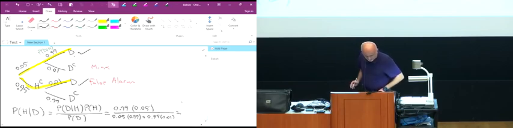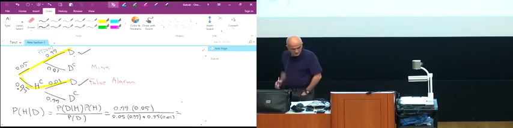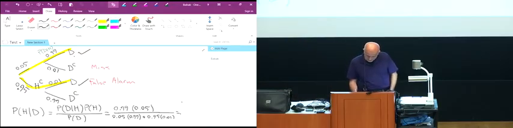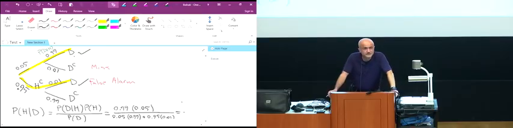Since I had prepared this for 0.05, I didn't work out the numbers here. Come on, get out of Facebook and get to your calculator and give me a number. What's the number?